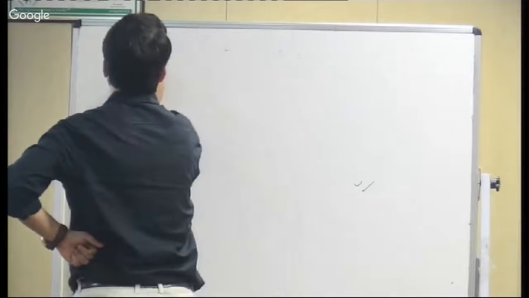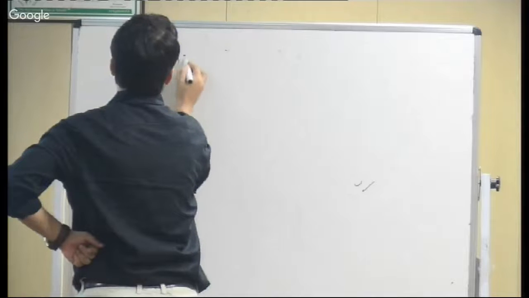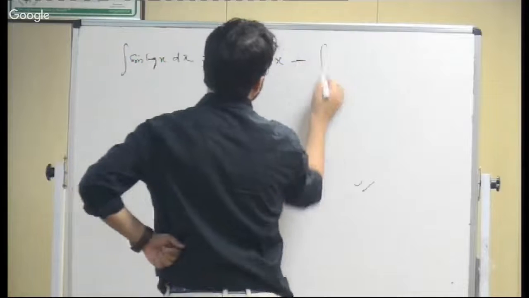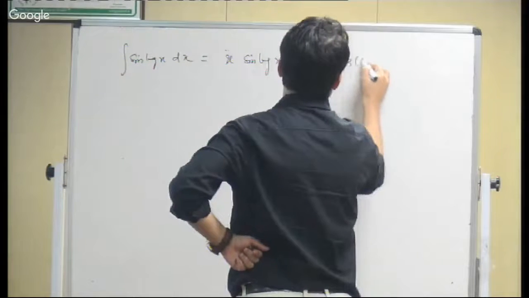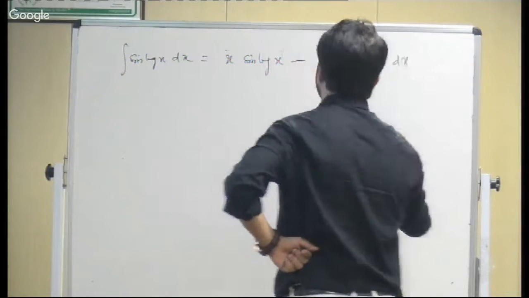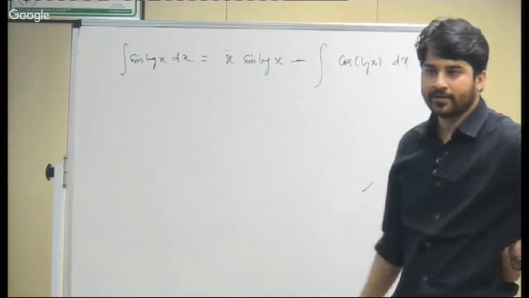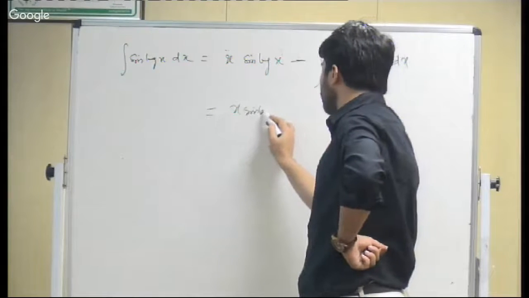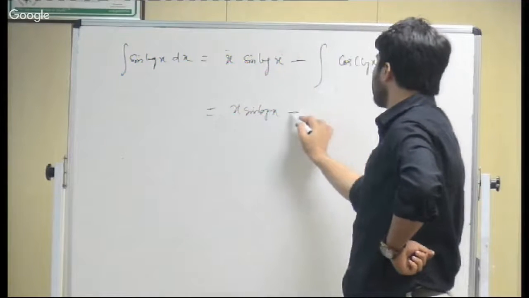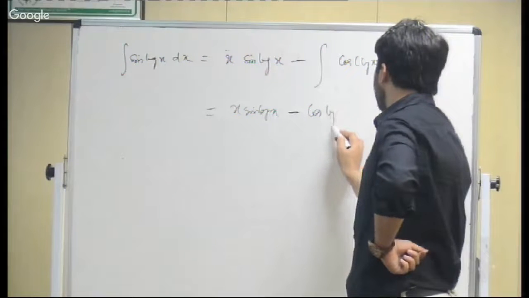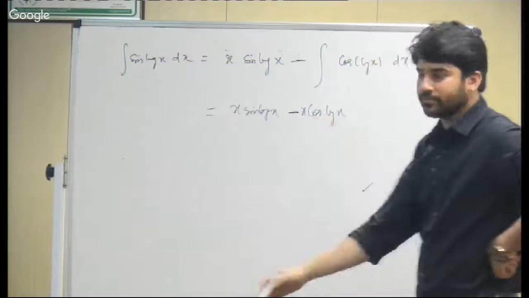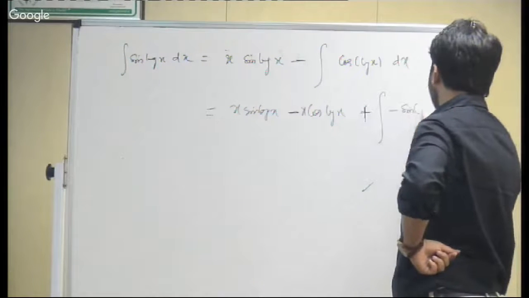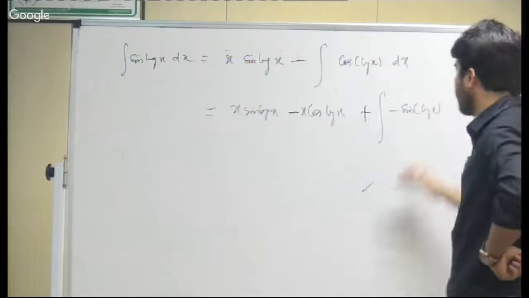We got sine log x dx as x sine log x minus cos log x dx, right? So how to go for it? x sine log x minus cos log x, x plus minus sine log x by x.